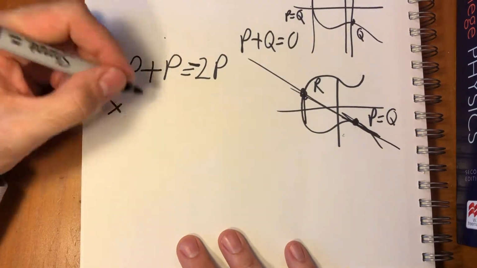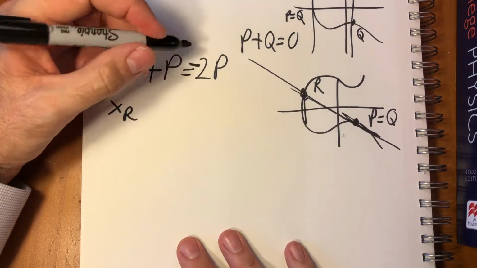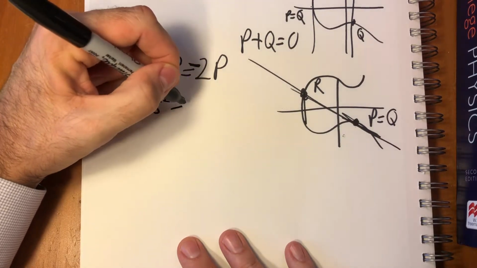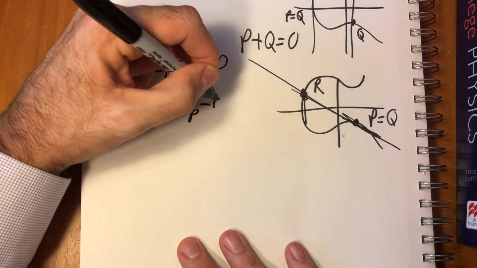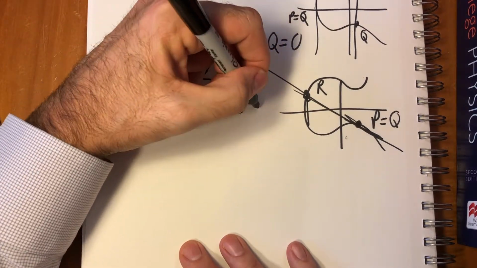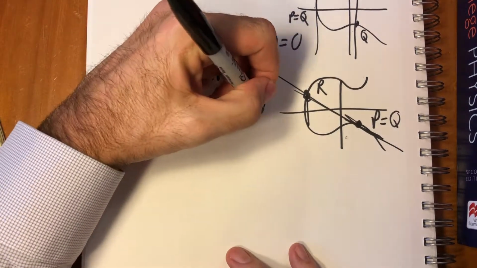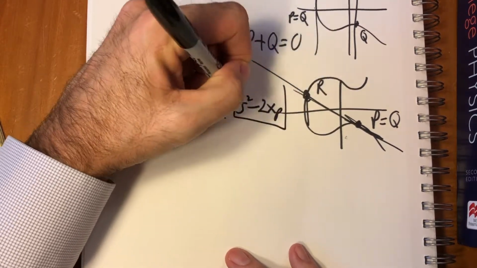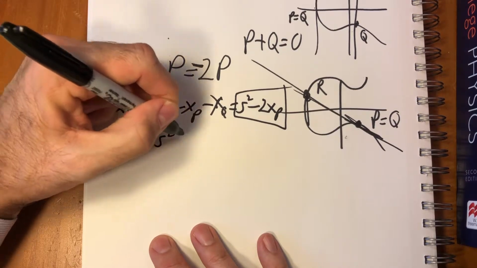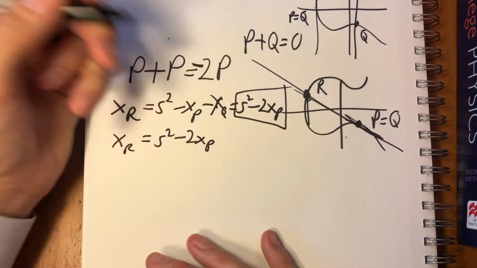So we have that XR then equals S squared minus XP minus XQ equals S squared minus 2 XP. So XR is just S squared minus 2 XP, almost the same thing.